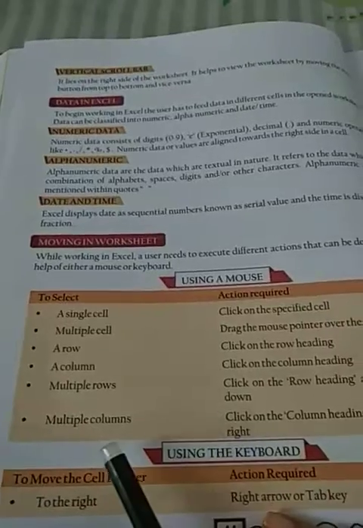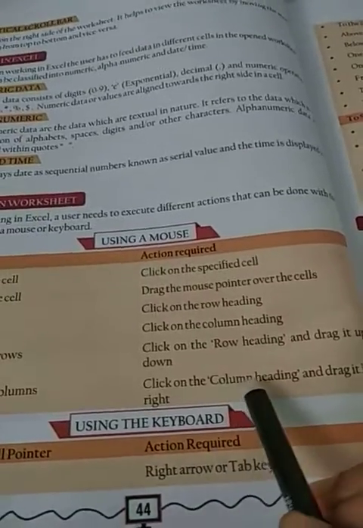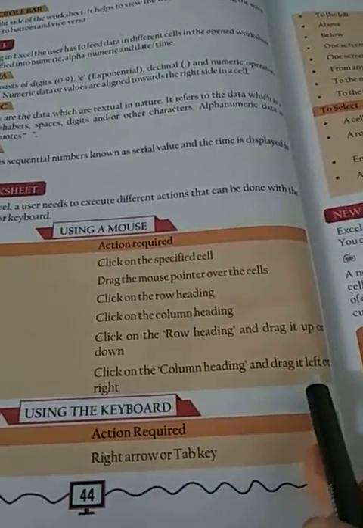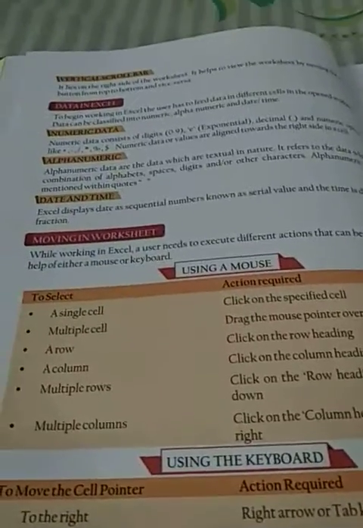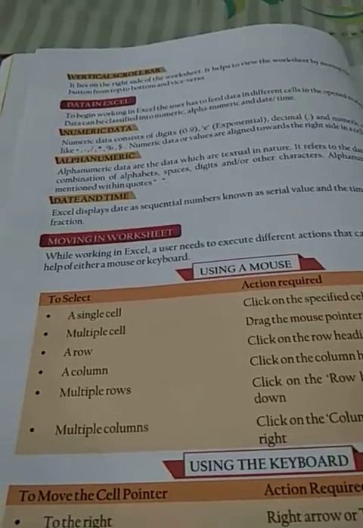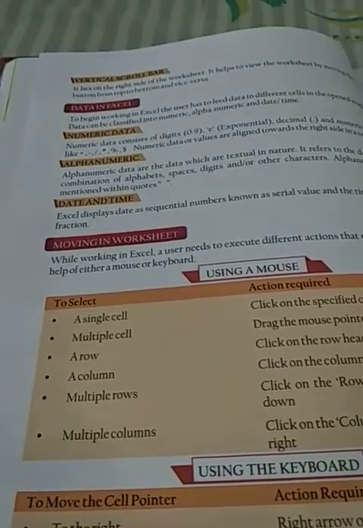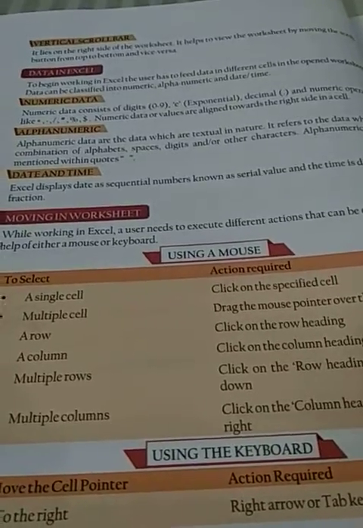Then for multiple columns, similarly click on the column heading and drag it left or right. I will send you a tutorial on this, so that you can clearly understand how it is done.